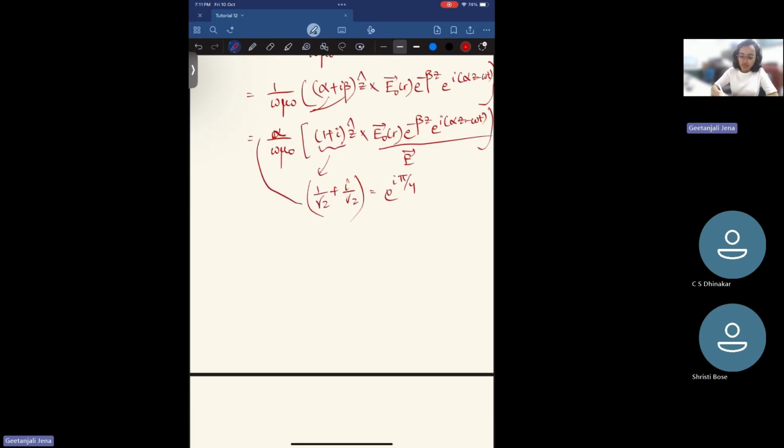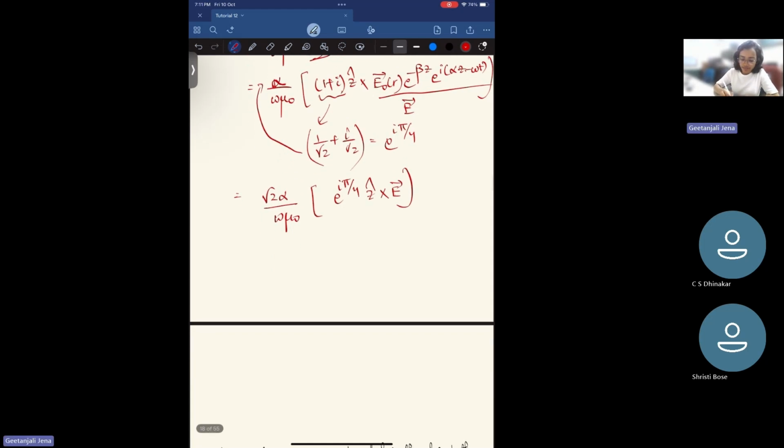So that means we have to multiply root 2 also here. This is the H we have.